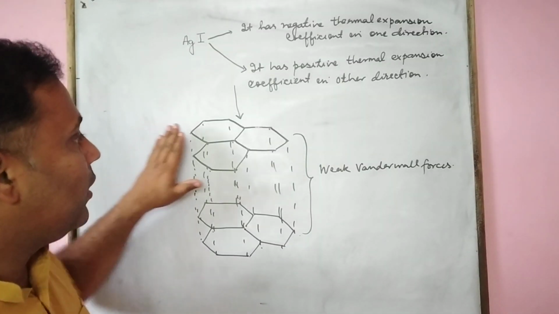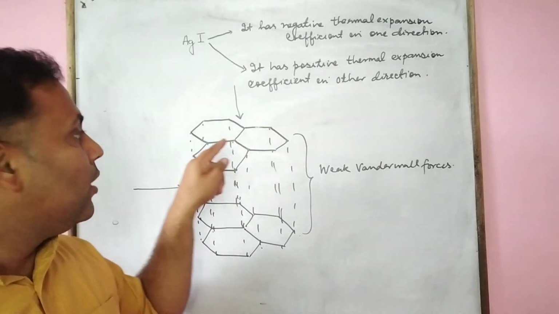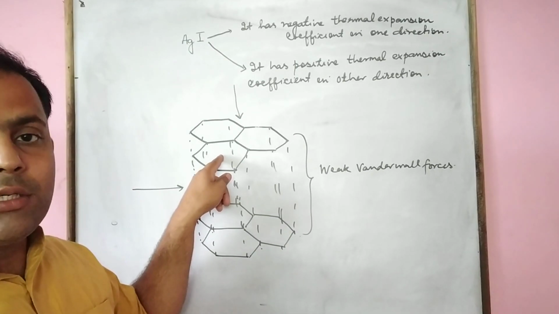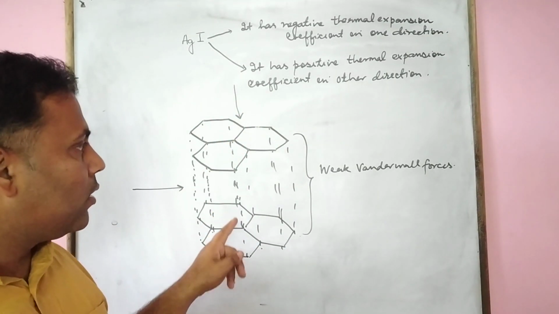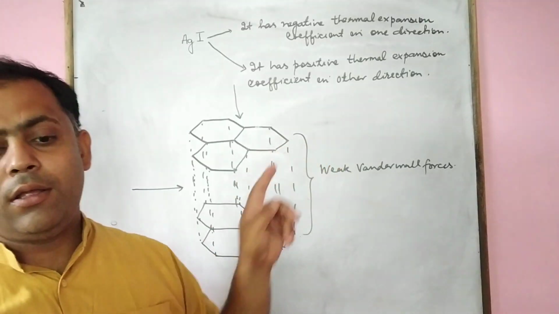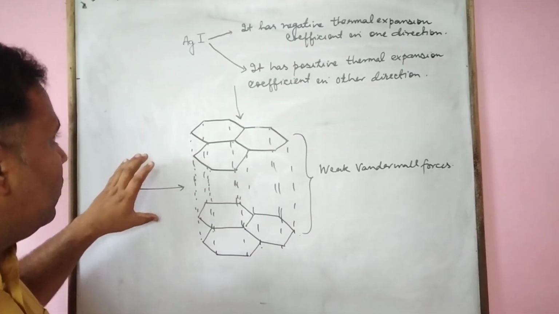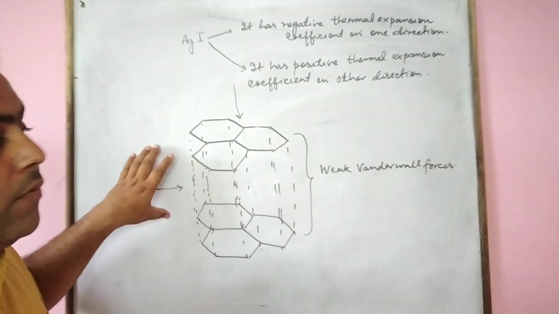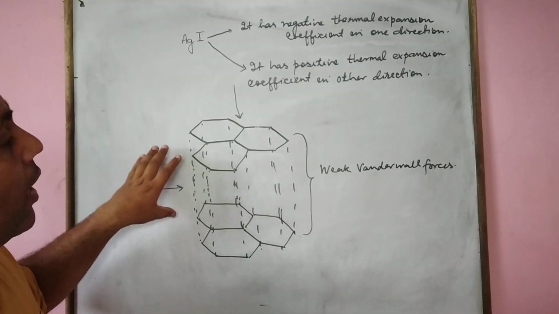That's why it is acting as an electrical conductor in a given layer, but it is acting as an insulator in this direction and as a conductor in this direction. In this way we can understand what is isotropic and anisotropic.